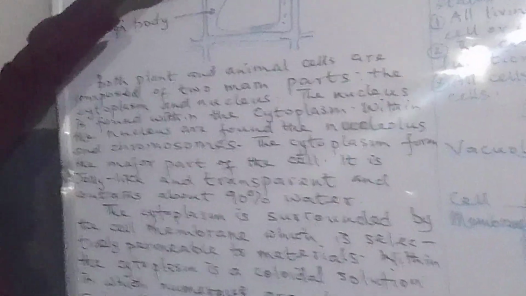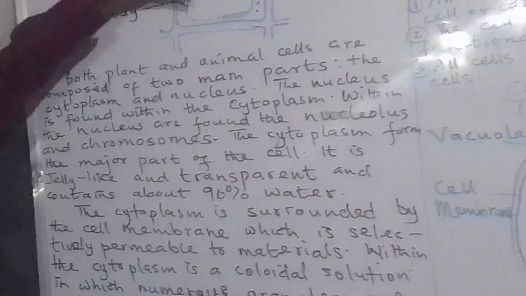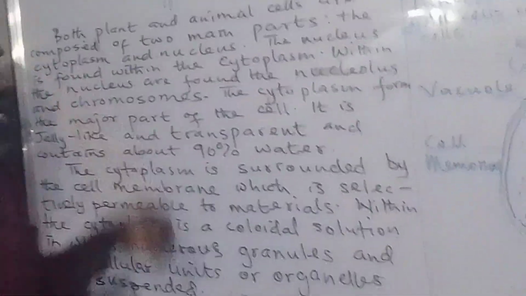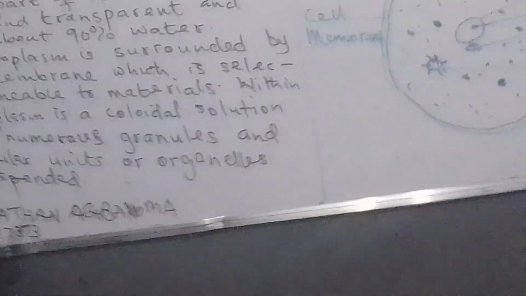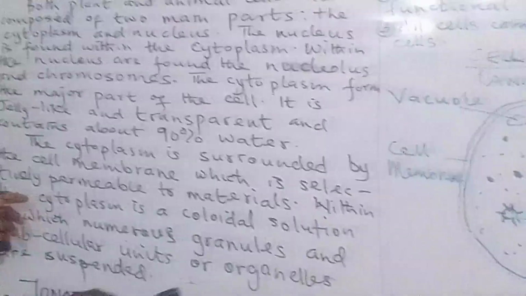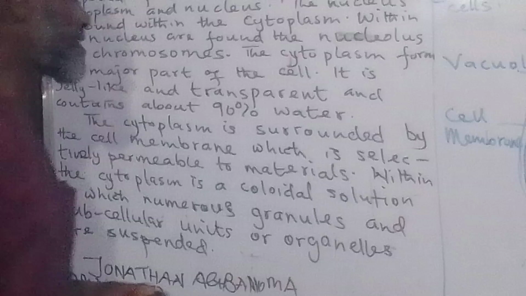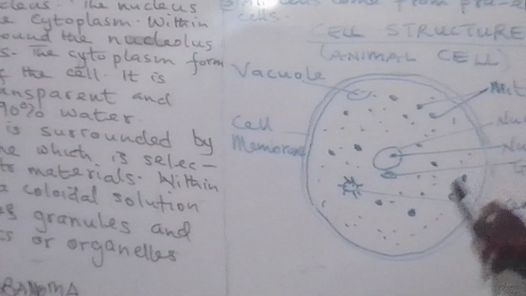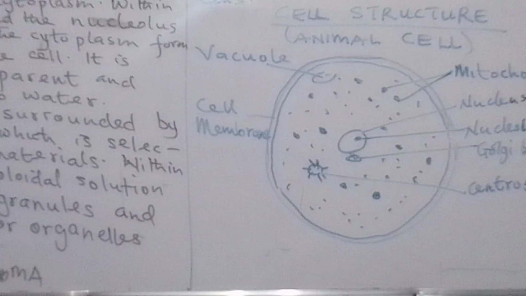Actually, it is jelly-like in structure and is transparent and contains about 90% of water. The entire cytoplasm has about 90% of water. So the cytoplasm is surrounded by what? The cell membrane, which is selectively permeable to materials.